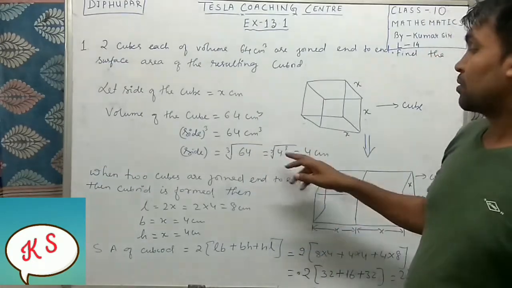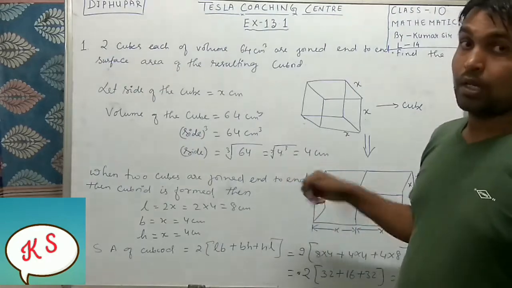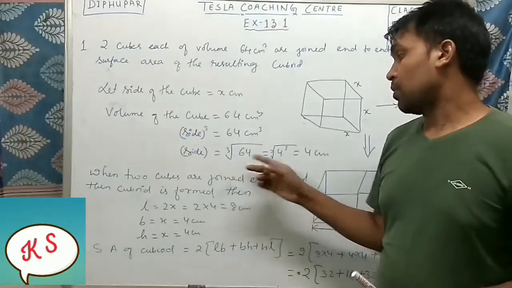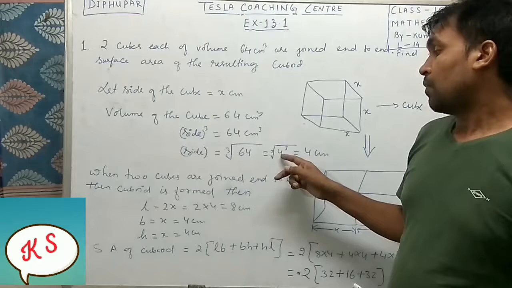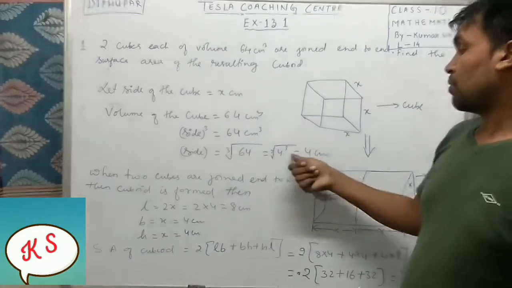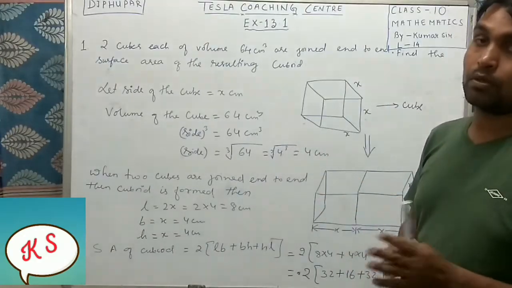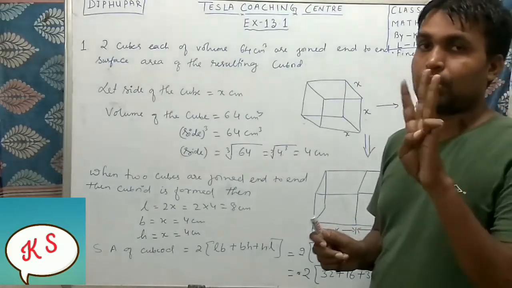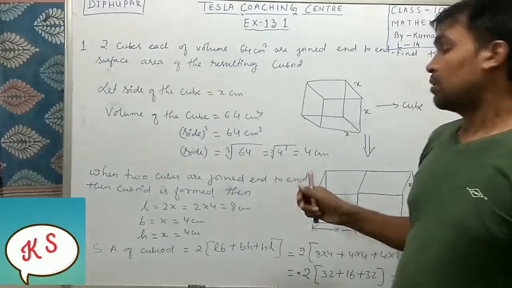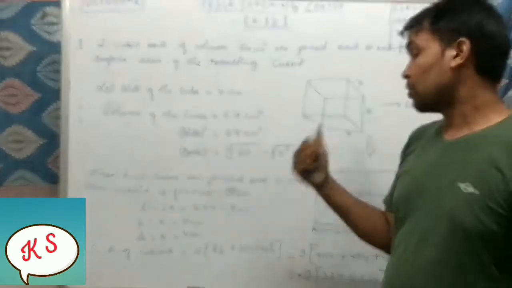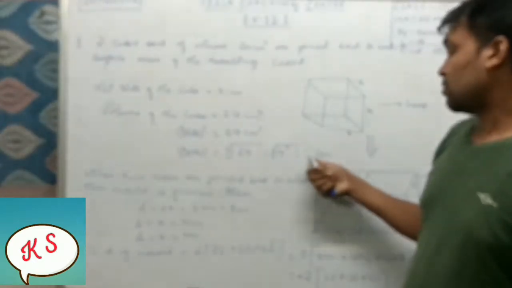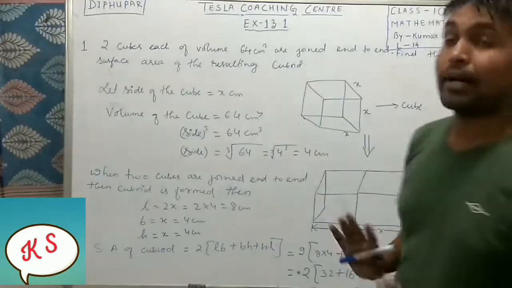If you take the LCM, it will come 4 into 4 into 4. It's a cube of 4, so we have written the cube root of 4 cube. So one of the 4 will come out of the cube root. It should have a combination of 3, then only one will come out. So we have 4 cubed, so one came out, that is 4 centimeter. I hope up to this you have understood it.